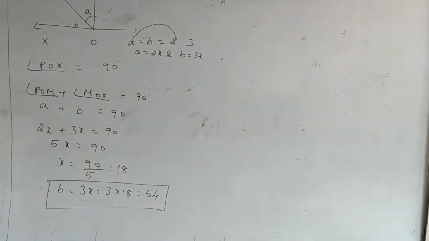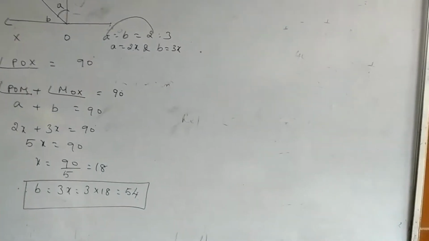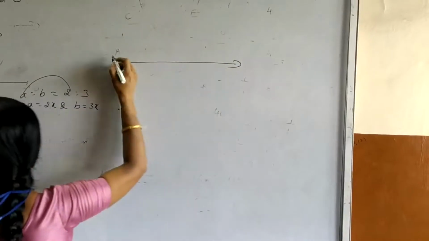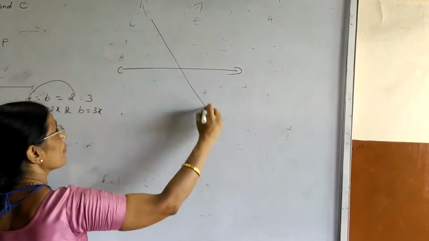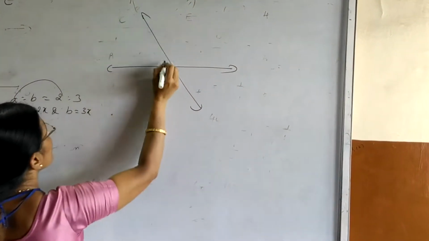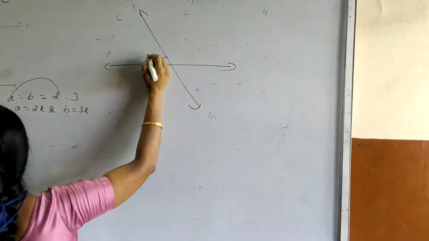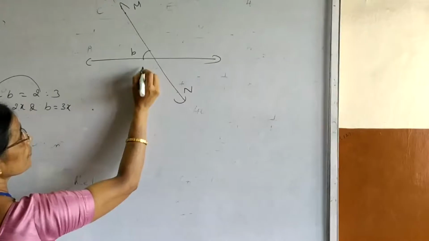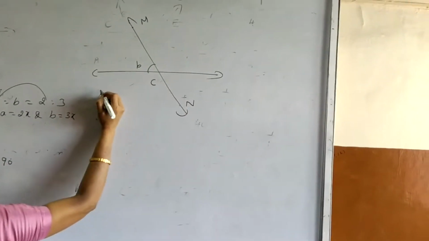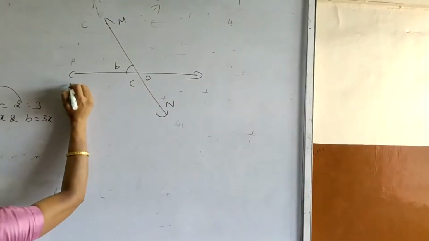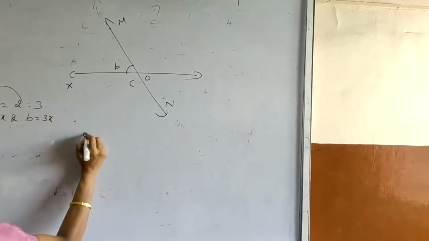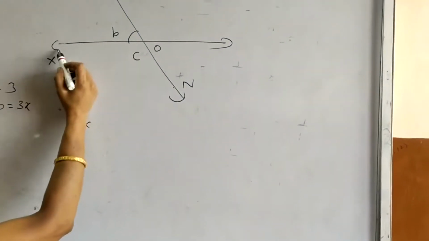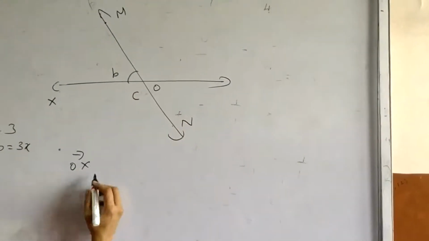Again we are going to draw a third figure where B and C are there. This is B. I have taken this line MN. We can find ray OX stands on line MN.